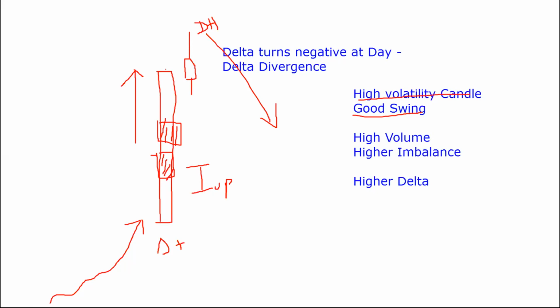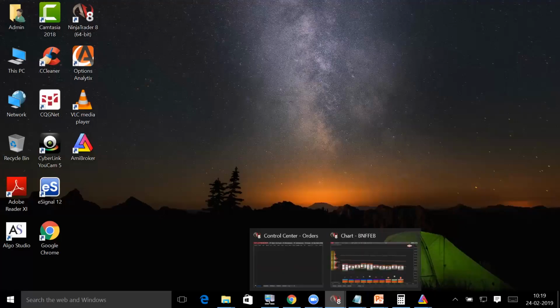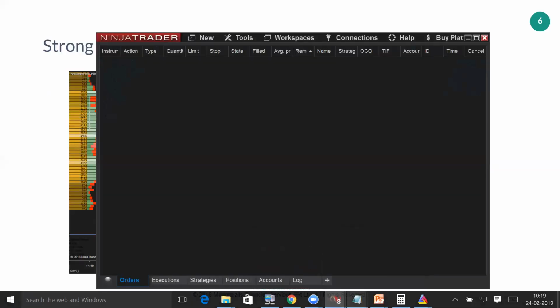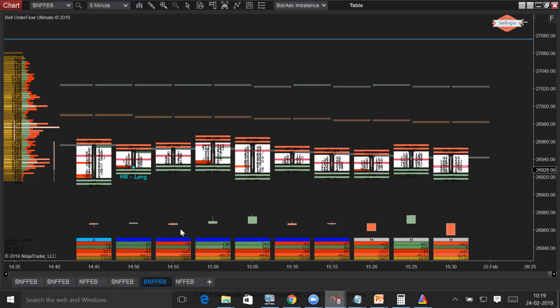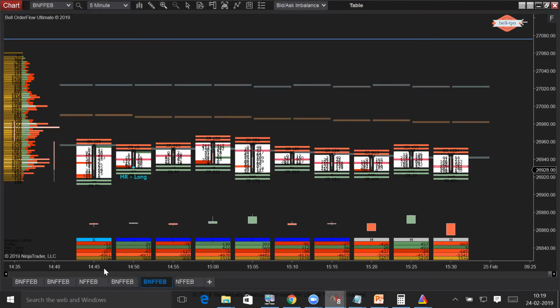Okay, so let me show you how one can see the delta divergence. Let me switch back to the screen. To look into the delta divergences, one can spot it from the order flow itself.